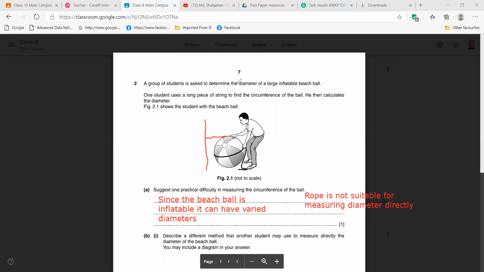It might slide. Very good idea. Use a measuring stick. The ball may slip, right? That means it is difficult to fix the ball in a place, right? So any more ideas?